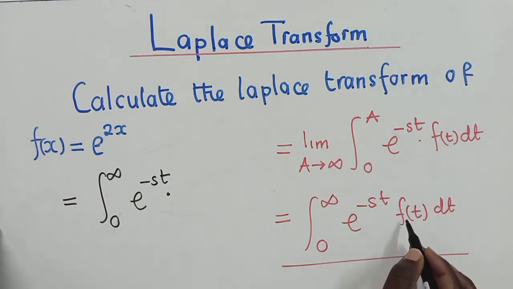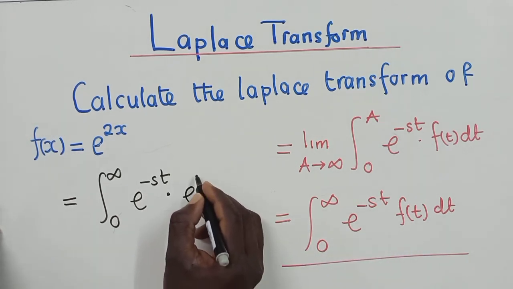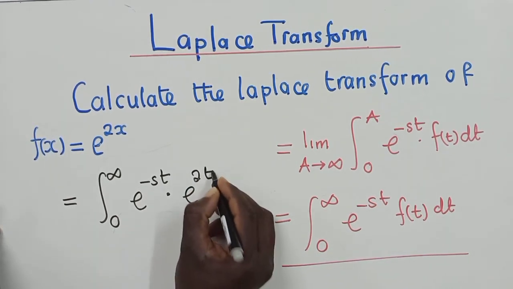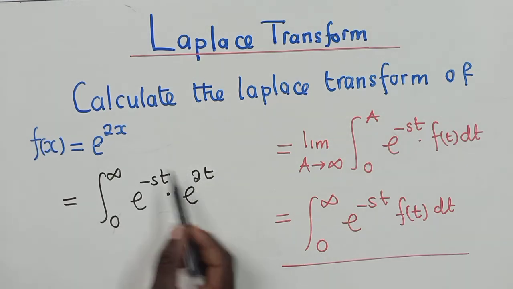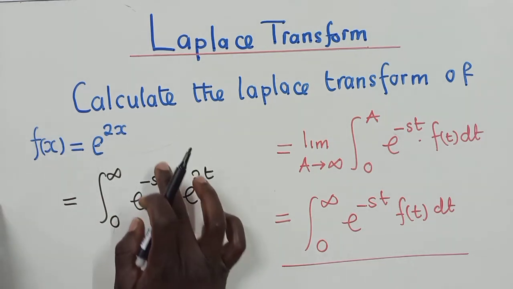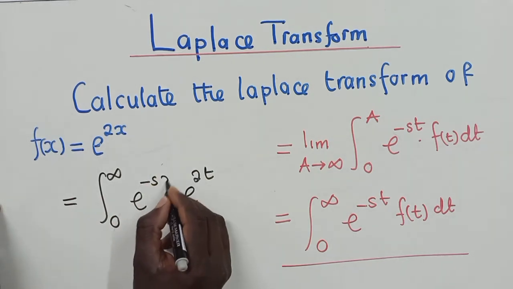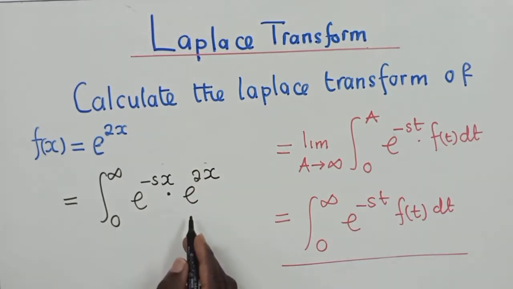Where f of t is, we'll put something like this. So you see what I've done here. I've put this, but the question has got x here, so there's no problem if you switch. You put x here and here. So this is what we have.